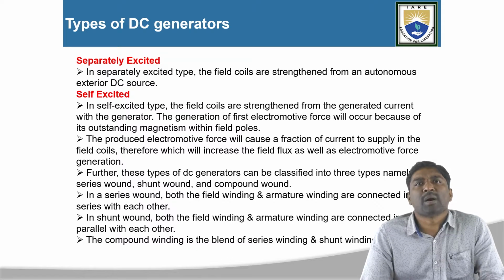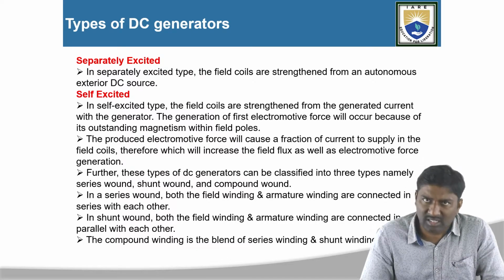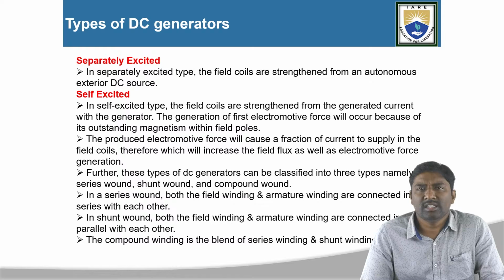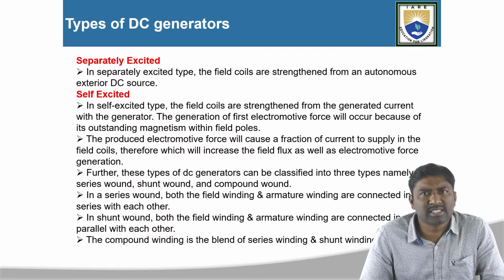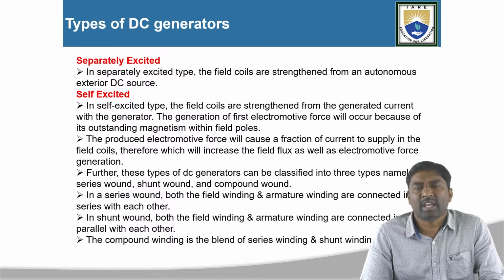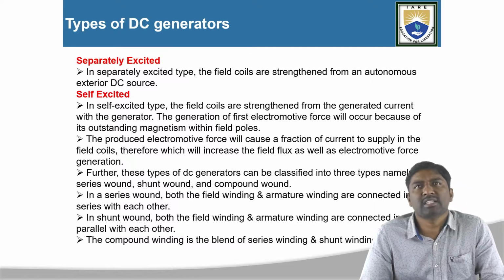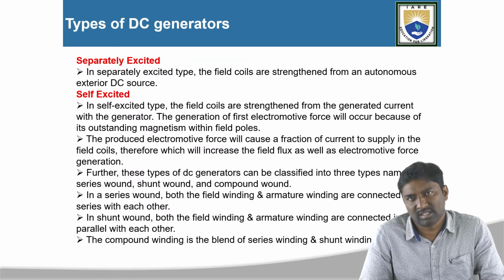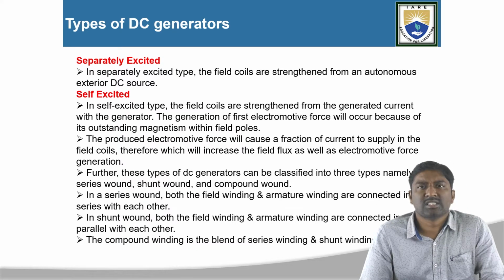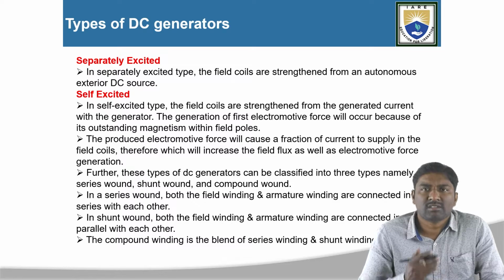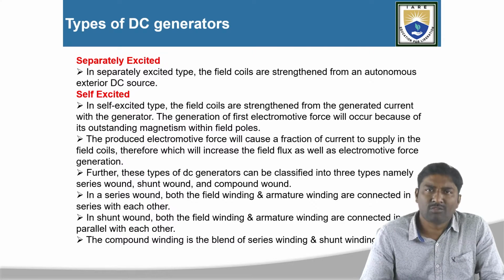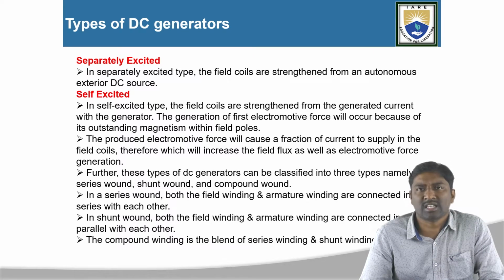Coming to the separately excited DC generator. Here we have the armature winding and the field winding. In this connection, we need to excite the armature winding as well as the field winding.